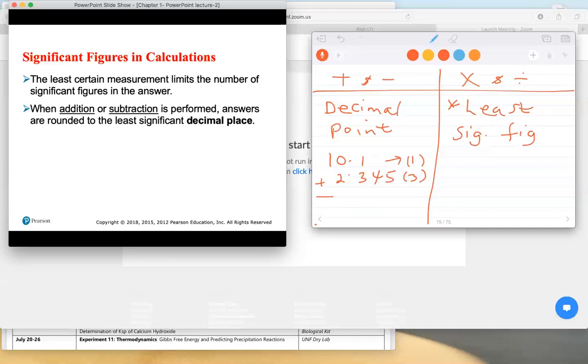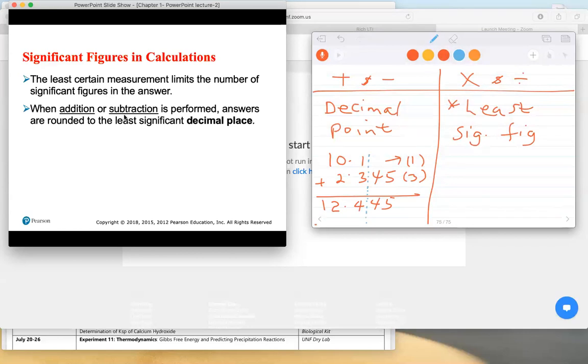So your final answer, if I add this, will be 12.445. Your calculator will give you something like that. It does not mean it's correct. You look at the least place of decimal. So my final answer should have 1 place of decimal because of the least.